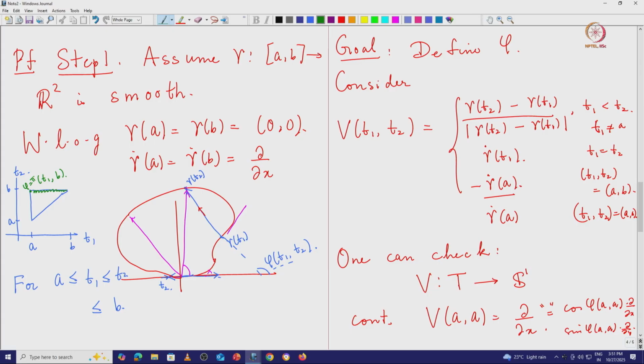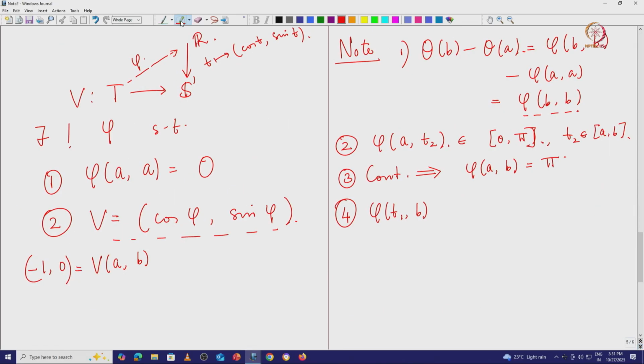So now if you take some t1 here, gamma of t1, you are measuring the angle from gamma of t1 to gamma of b. So clearly the angle it makes with the x axis is going to be between pi and 2 pi.